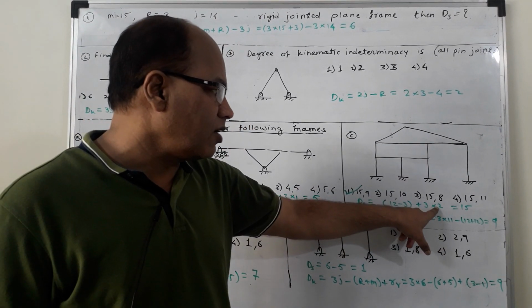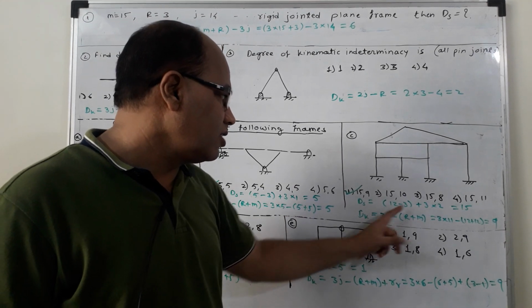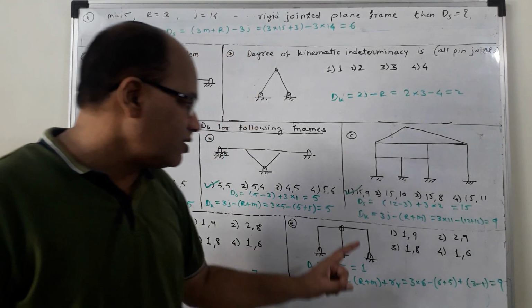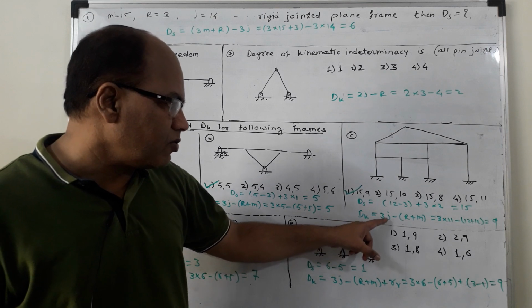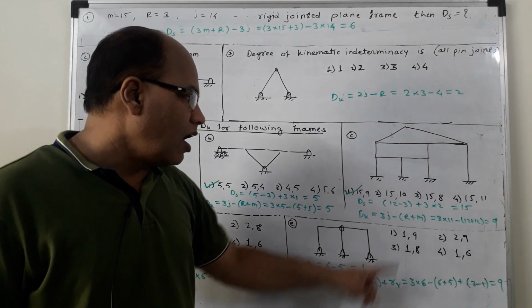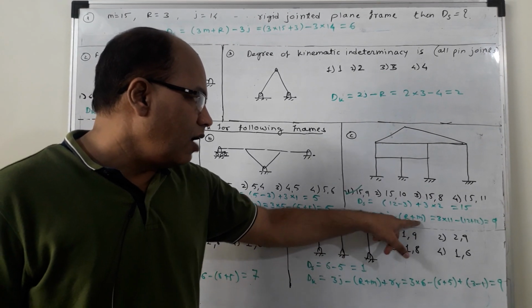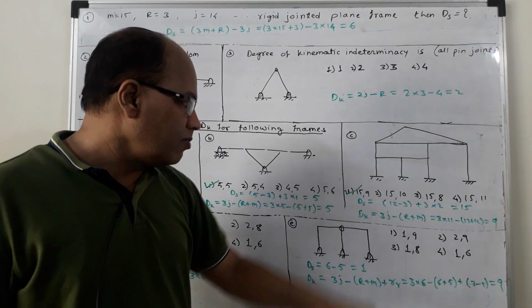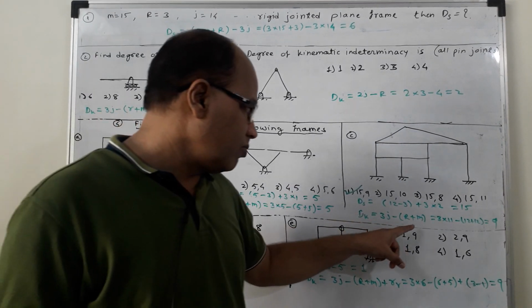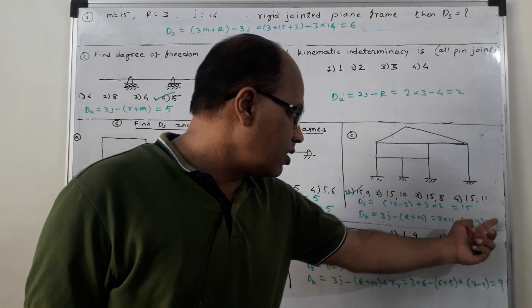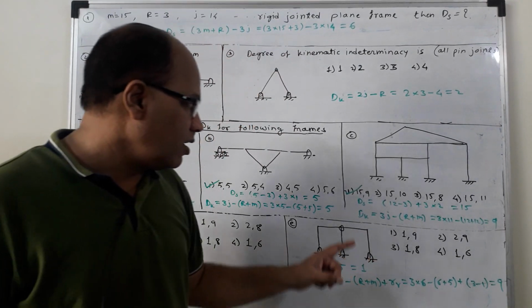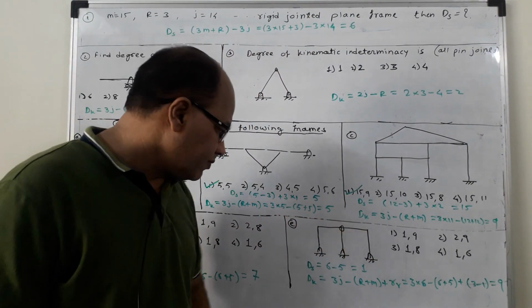So 2 cuts are required, 3 into 2 is 6 and 6 plus 9 makes 15, ds is 15. dk is equal to 3j minus r plus m, r is known, 12, m is again 12. If you count all the members, it works out to be 12. So if we substitute it over here, the answer is 9, and the correct option is 1.